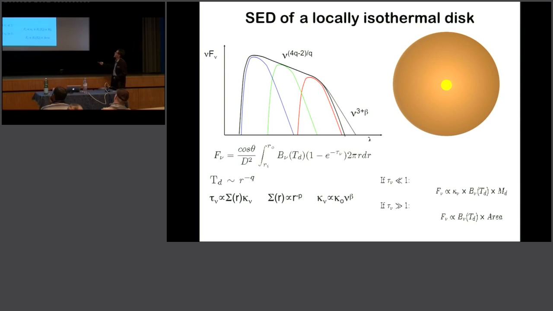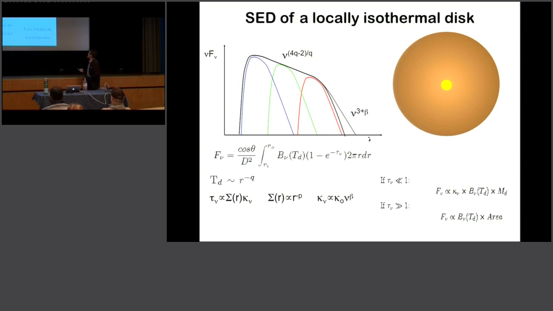There is an intermediate regime in which the spectral energy distribution goes as nu to a power that is connected with the radial temperature distribution. And then you have the optically thin part, which is connected with an exponent that depends on the dust opacity as a function of wavelength.